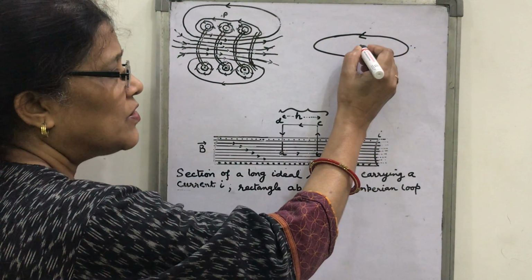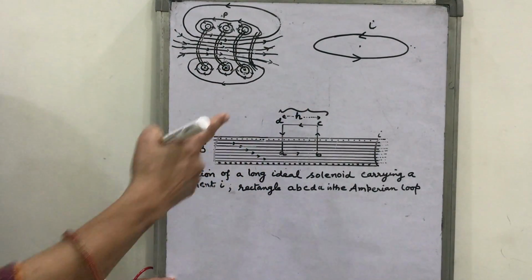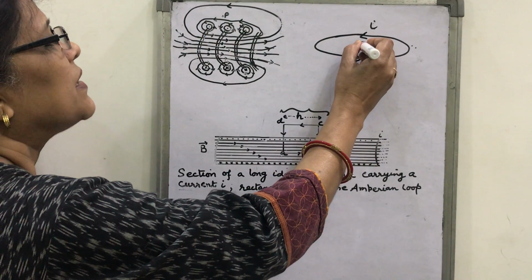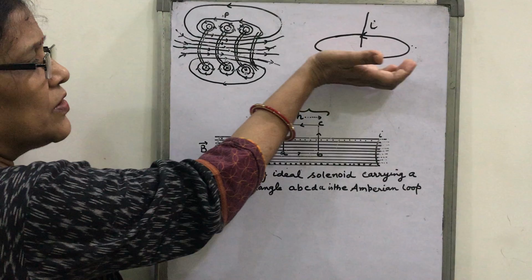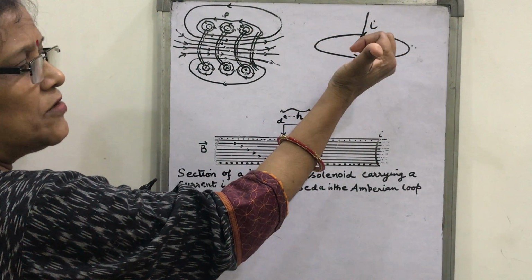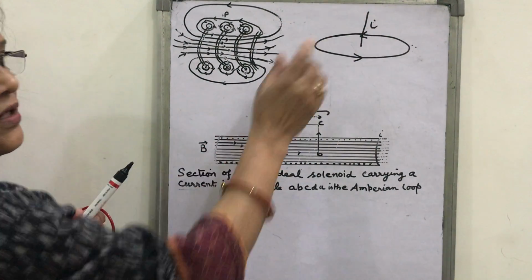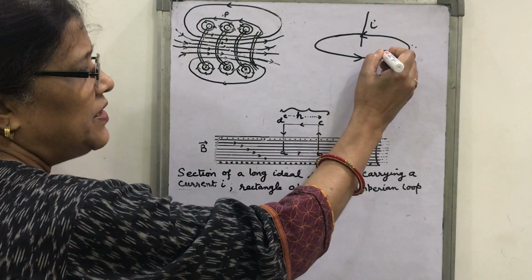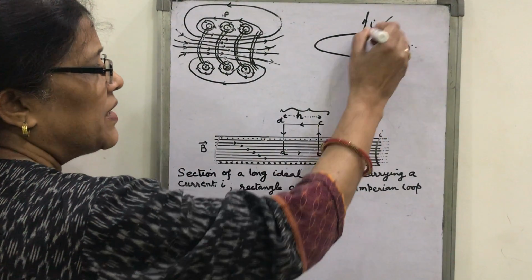So how will you draw the circle if the direction of current through a single loop is like this? You apply the thumb rule. So for this, this will be the magnetic field at the center. The thumb denotes the magnetic field, and these are the magnetic field lines.